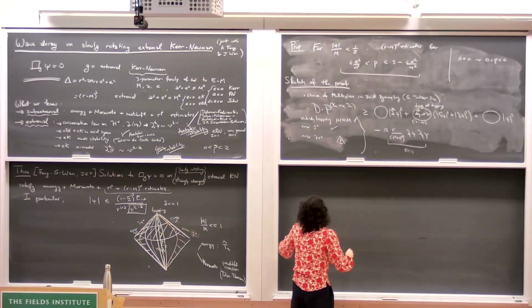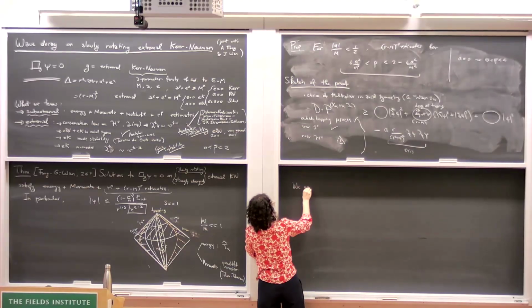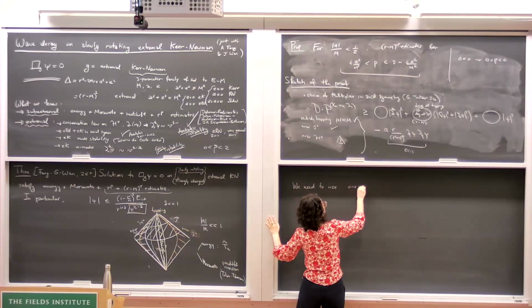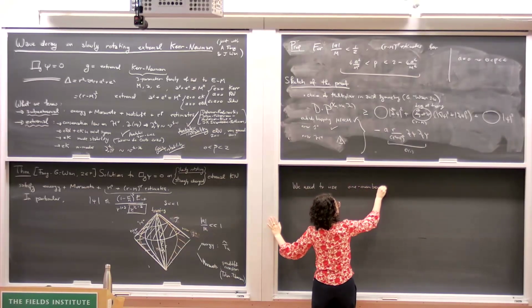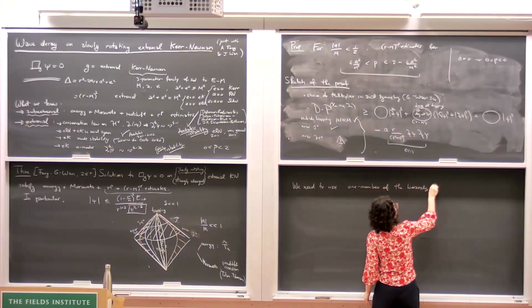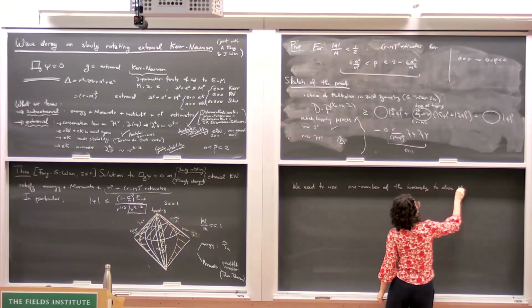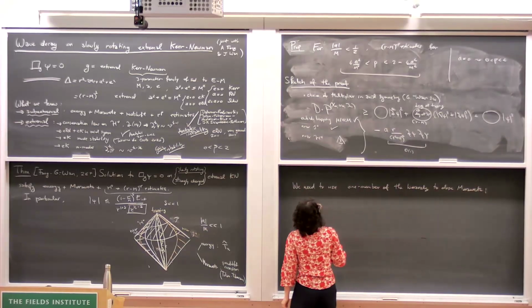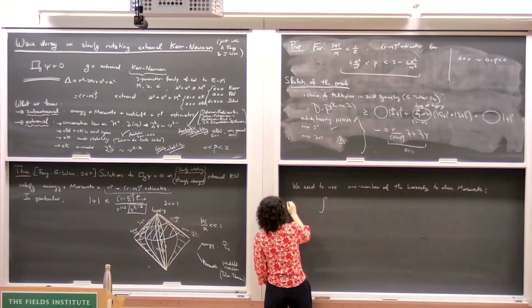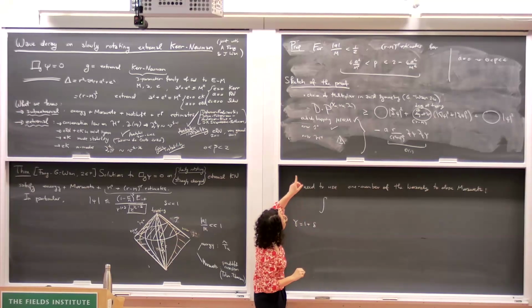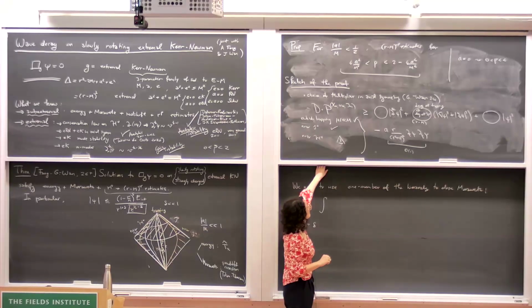So we need to use one member of the hierarchy to close our Morawetz estimates. Which member is it? I think it's the one that comes with gamma equal to 1 plus delta. I wrote earlier that gamma had to be 2.